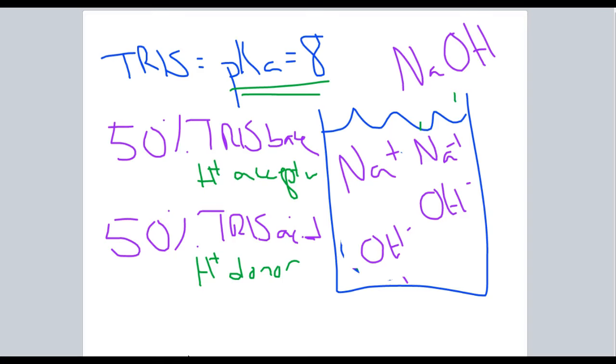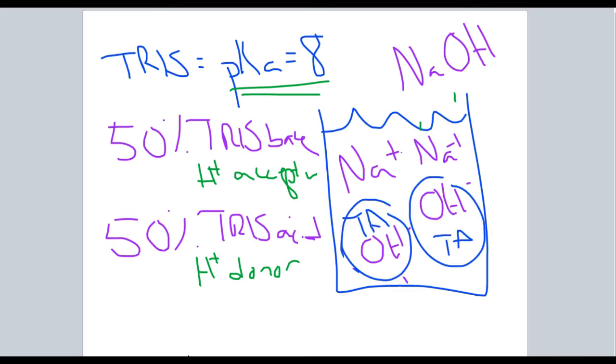But as soon as that hydroxide ion is liberated or dissociated from sodium hydroxide, it is gobbled up and complexed by tris acid. The conjugate acid of tris absorbs that free hydroxide ion and neutralizes it, so the pH doesn't change there as well.